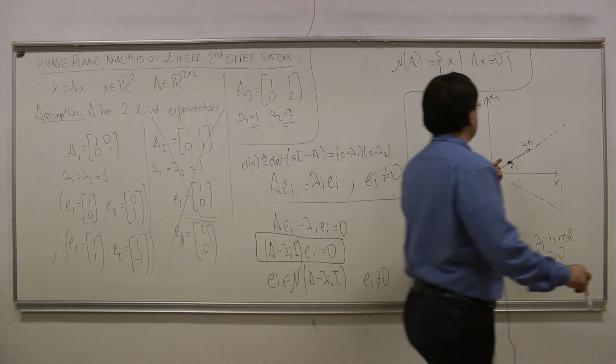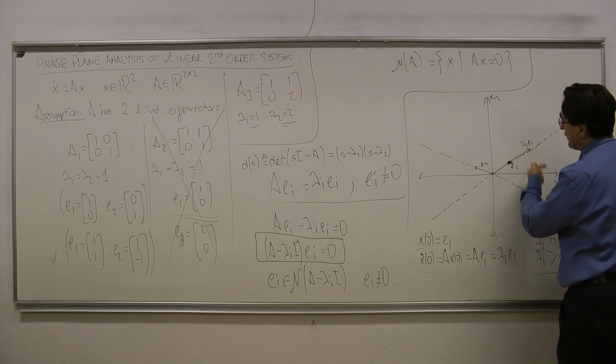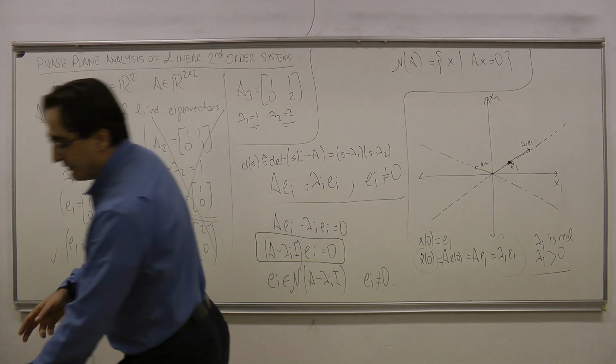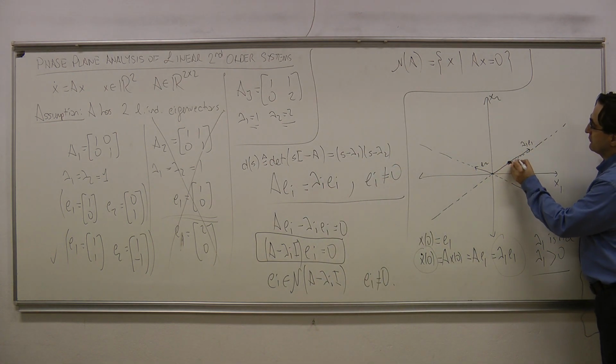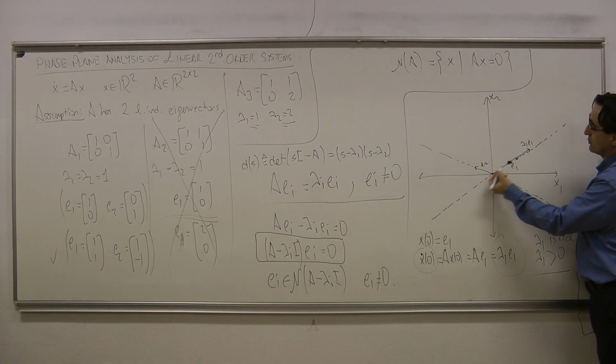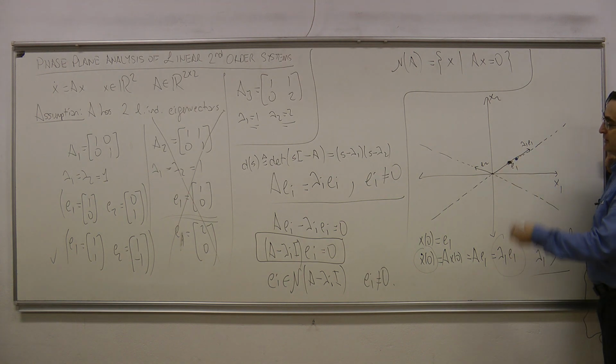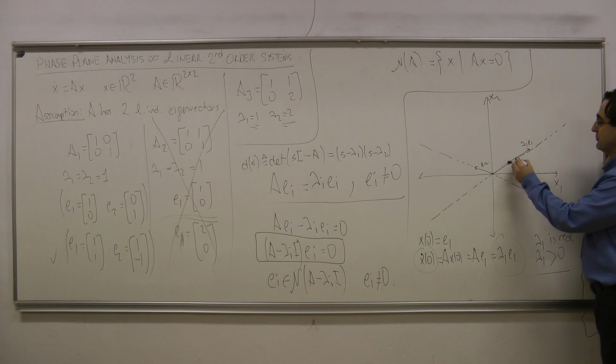Now the velocity of the state points in the same direction. That means that my state vector is going to go in this direction, and it's going to reach some point here in an infinitesimal time interval.